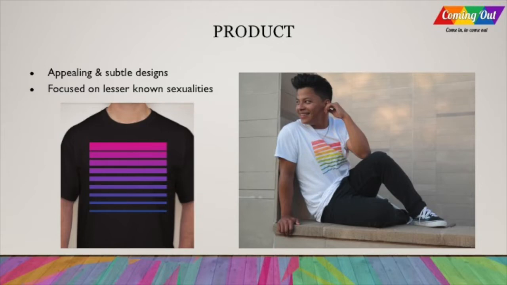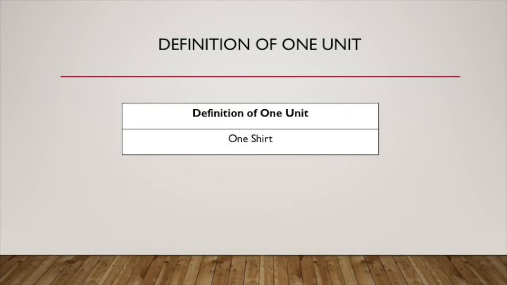So let's now go to the first part. The first box, slide number 5, definition of one unit. So ask yourself, what is the one thing I am going to sell for this presentation? In this instance, it's one shirt. It could be multiple things. One hat. It could be, if you were a gardener, mowing one front lawn or cutting down one tree.